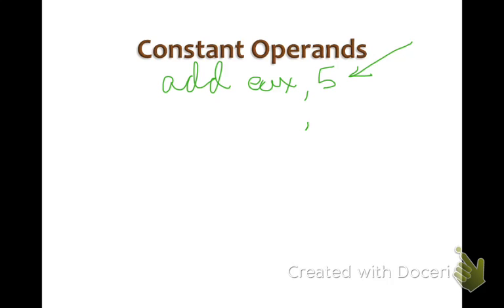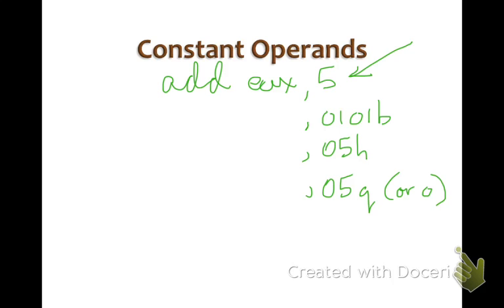I could also say for the same thing, 0101 B for binary, 05 hex. I could also say 05 Q or a lowercase o, but that is so hard to read or differentiate from a 0 that when people use octal, they pretty much indicate it by a Q. For us, it's not really an issue because we don't use octal much.